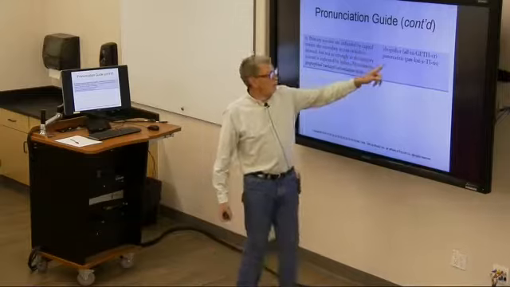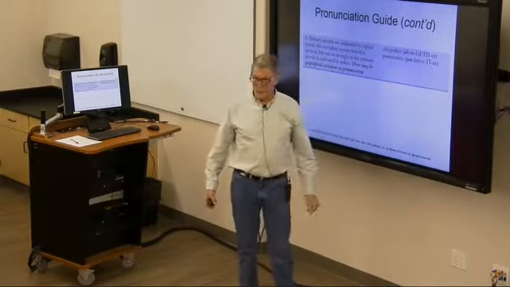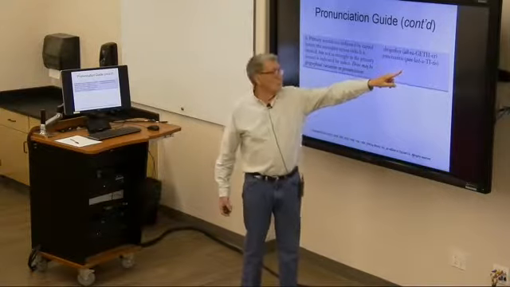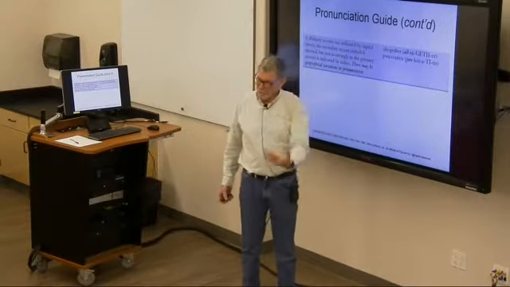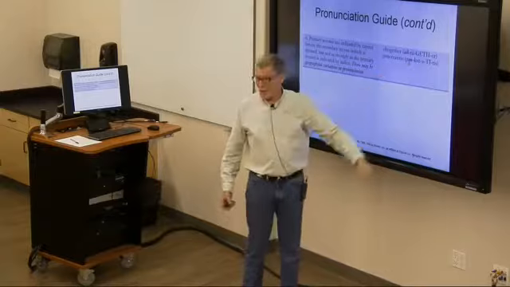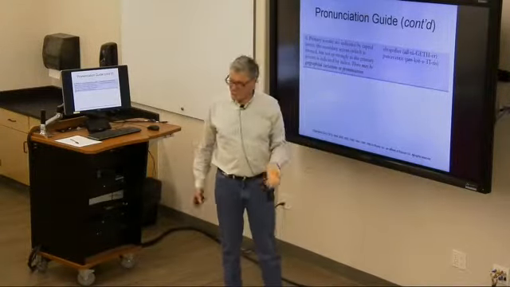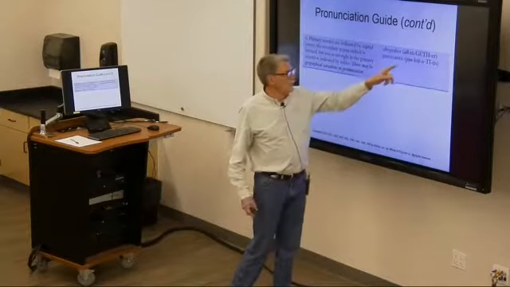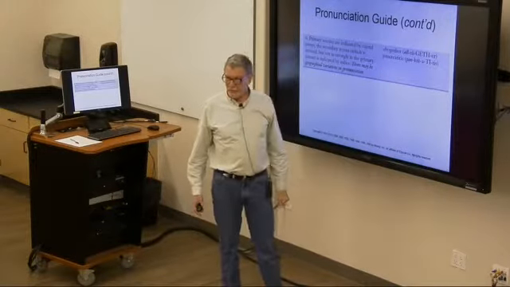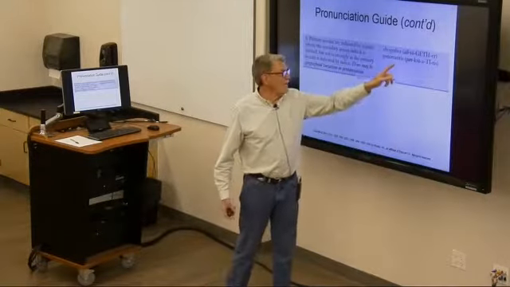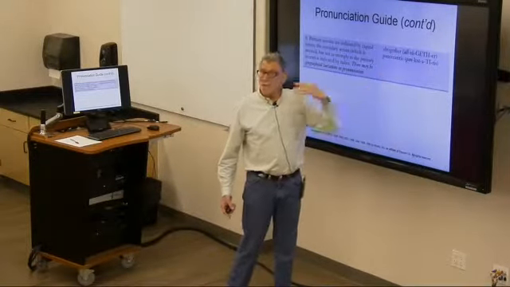And then they will put emphasis where it's supposed to be. The most emphasized syllable is in caps. The second most emphasized is in italics. So it's pancreatitis. Pan is bigger than cre.